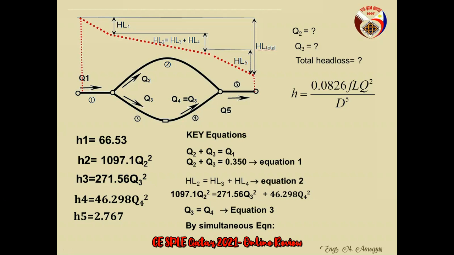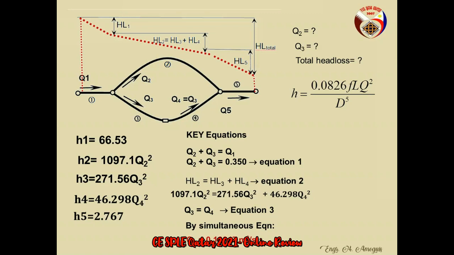So it becomes just 2 unknowns and 2 equations. Simplify equation 3 and plug it into equation 2, so you'll have equation 4 in terms of Q2 and Q3. It's not that complicated.